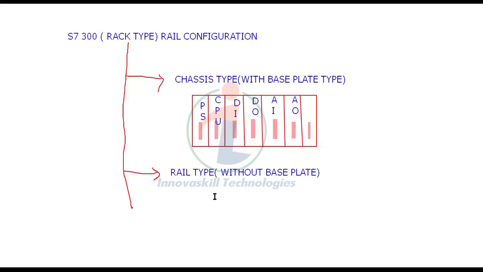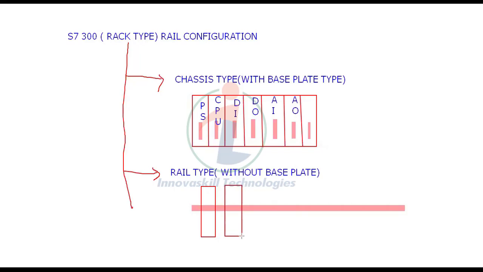But if you take rail type configuration, first at the back end there will be a rail. There won't be a base plate and all here. There will be a rail like this, DIN rail. Here they will fix each and every slot. First will be power supply, CPU, after that IO modules.